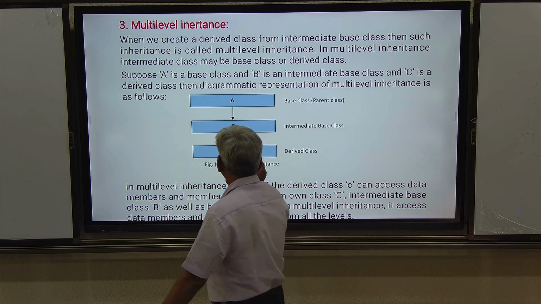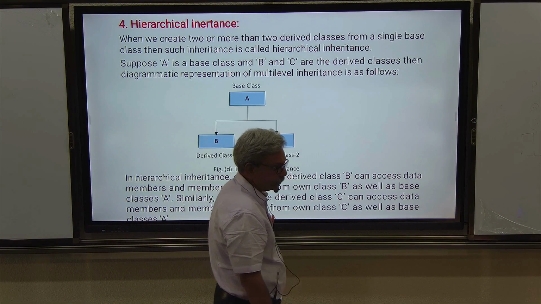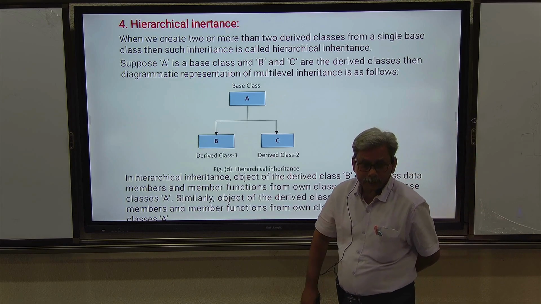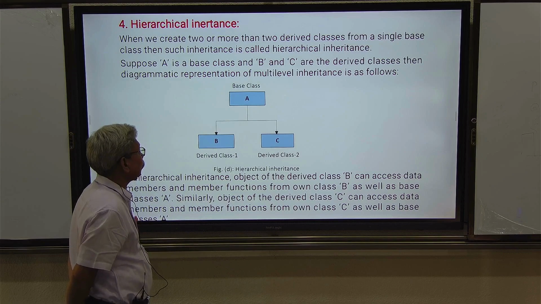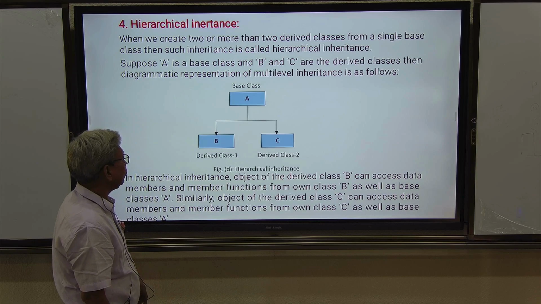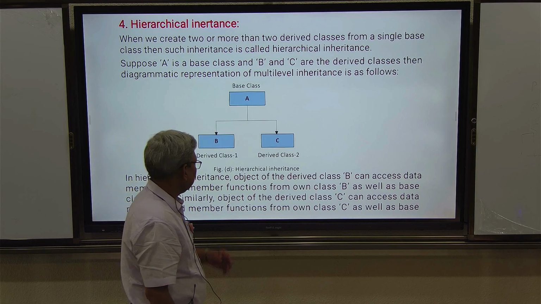Number four, hierarchical inheritance. When we create two or more derived classes from a single base class, then such inheritance is called hierarchical inheritance. Consider an example. A is a base class, B is derived class 1 and C is derived class 2.